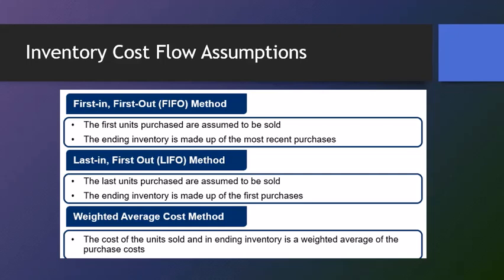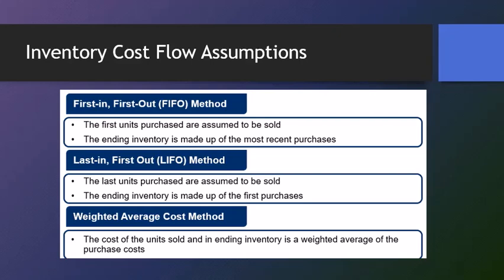Cost flow is just how we assign the cost from the inventory account into the cost of goods sold account. The physical flow of inventory for just about any company is going to be FIFO. Okay, physically, our inventory is going to move on a first in, first out basis. But again, remember that cost flow does not have to match physical flow.